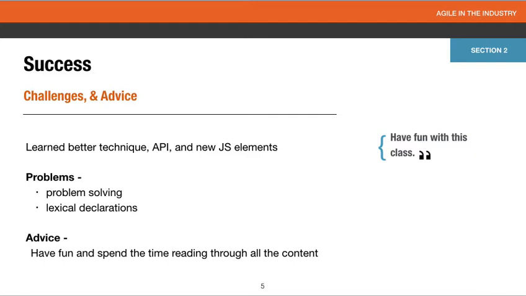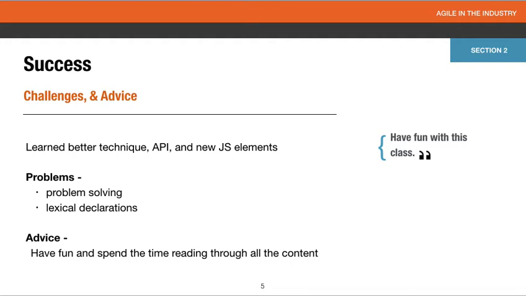So the problems that I ran into, just like any other course, you run into problems with your own problem solving or error between keyboard and chair, just things that you've typed wrong that you think that you did right, and a lot of times you have to walk away before you finally figure out what you did wrong. Lexical declarations. This was something that I really ran into with the last project.